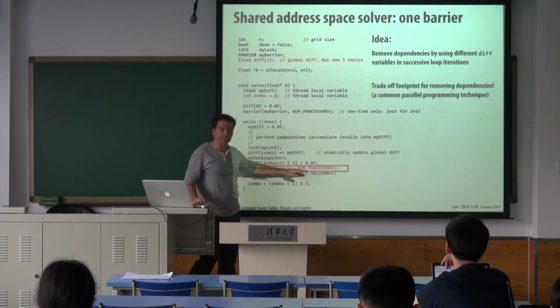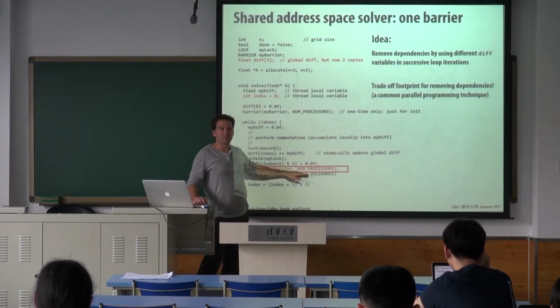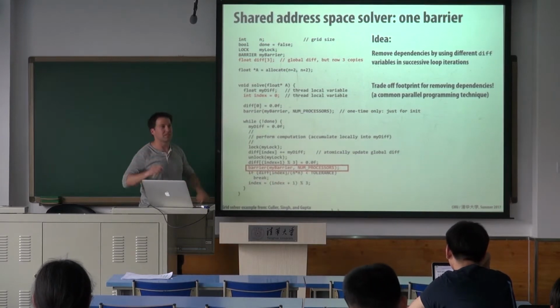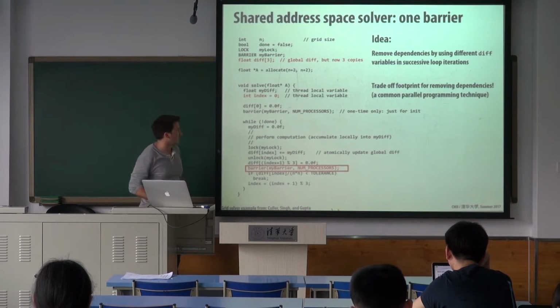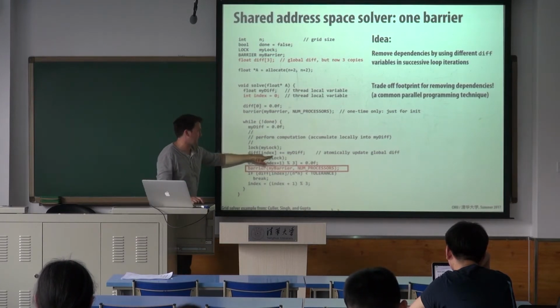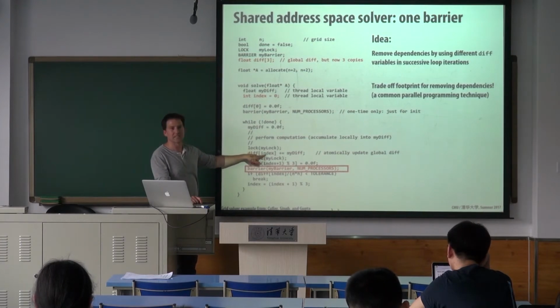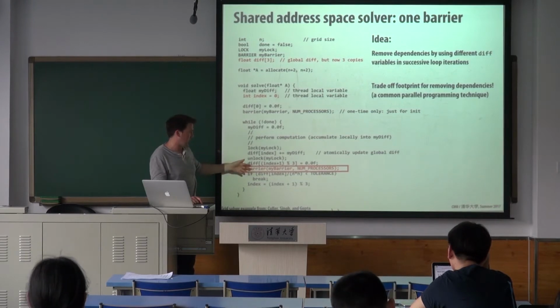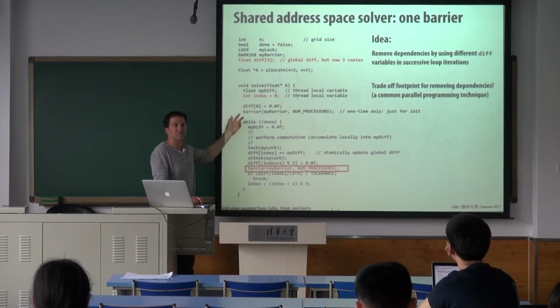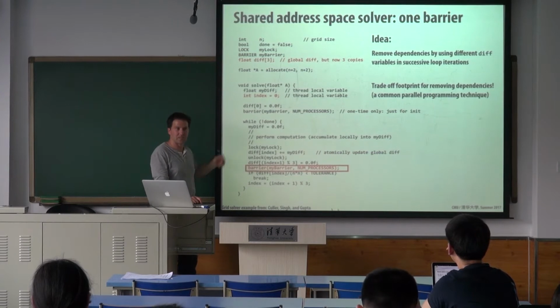So that every time we stop at the end, but we don't have to worry about one thread setting the value to 0 while other threads are writing to it. So if you look at it here, the difference is we accumulate. We add into diff index. And diff index goes from 0 to 1, 0 to 1, 0 to 1.